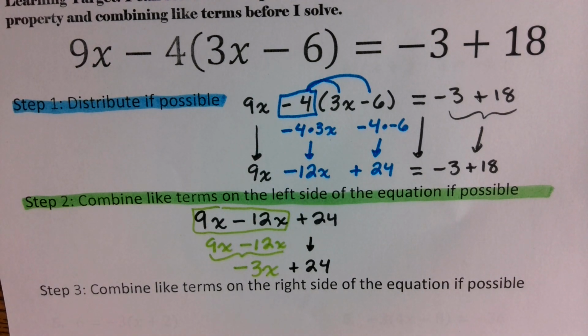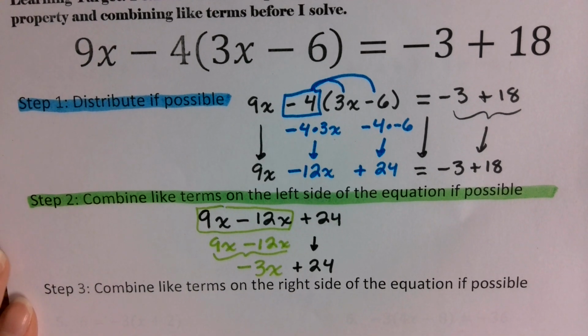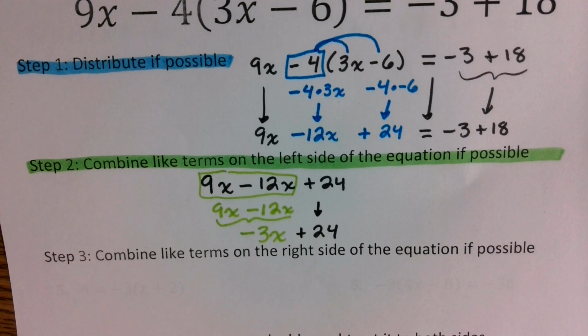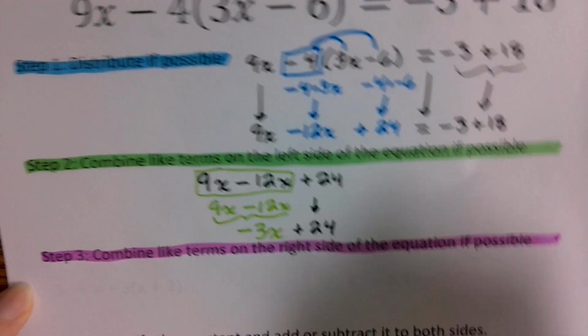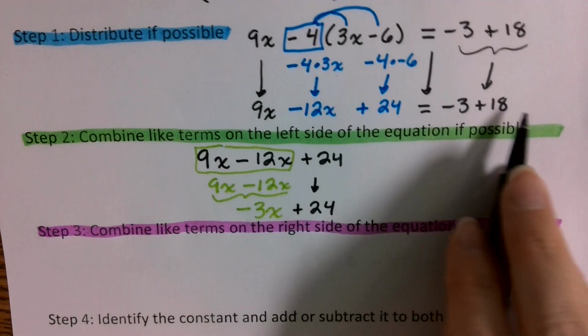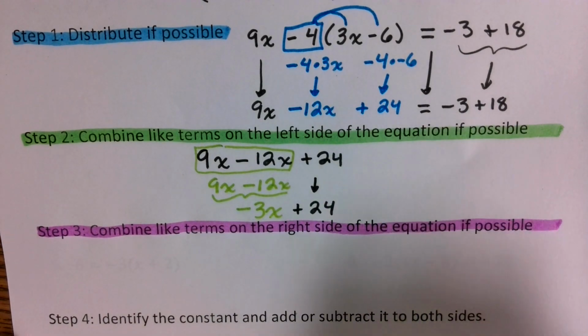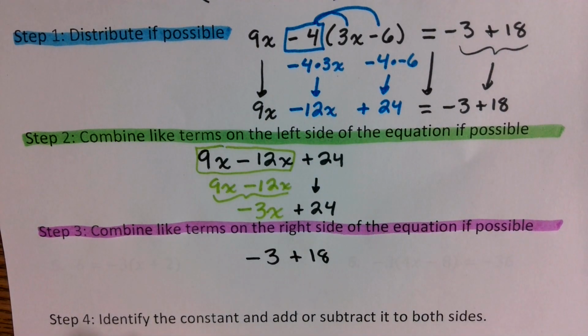Then we can focus on combining like terms on the right side, if at all possible. So on the right side of my equation, I've got negative 3 plus 18. Can I combine that?